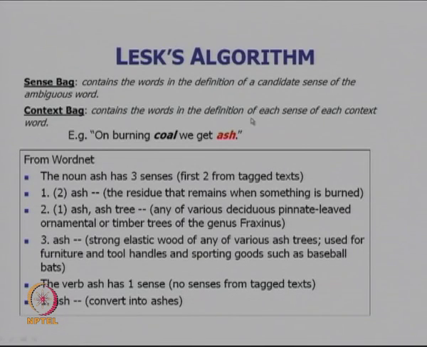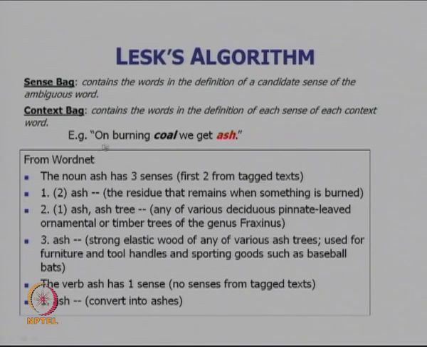So, the words in the context provide the context bag, both directly and indirectly. They provide the elements for matching, and they are also providing their own senses, and the words in those senses, as elements of matching.